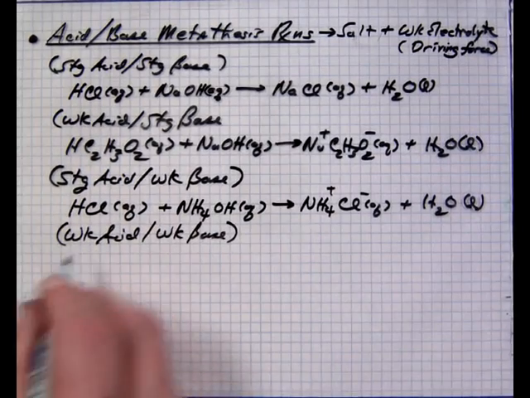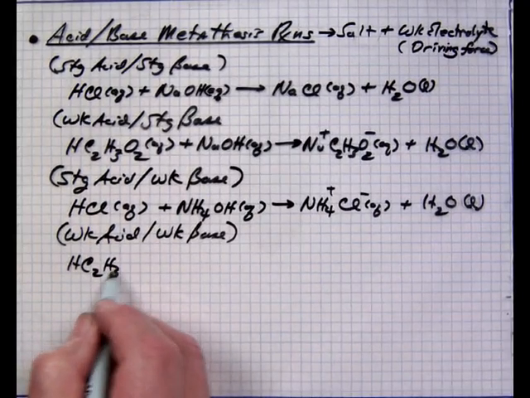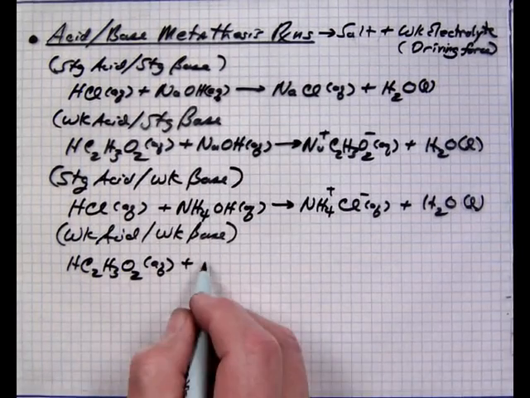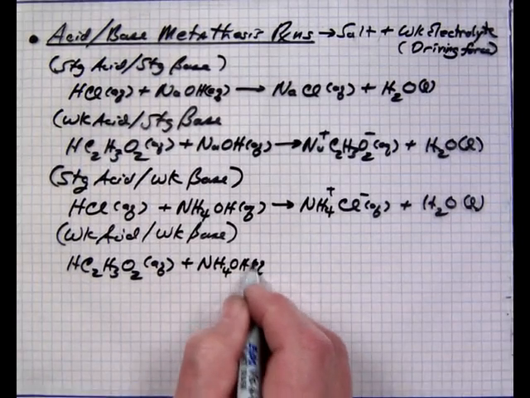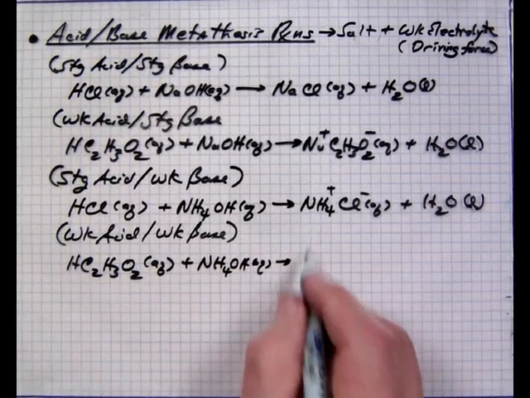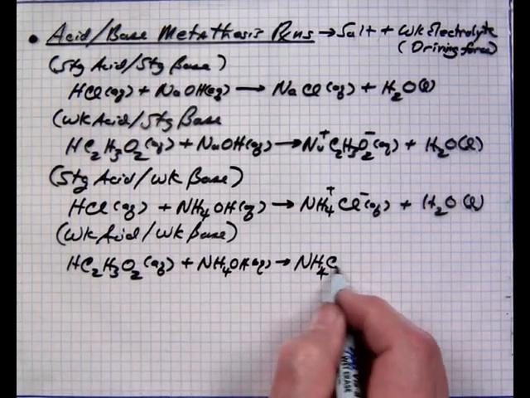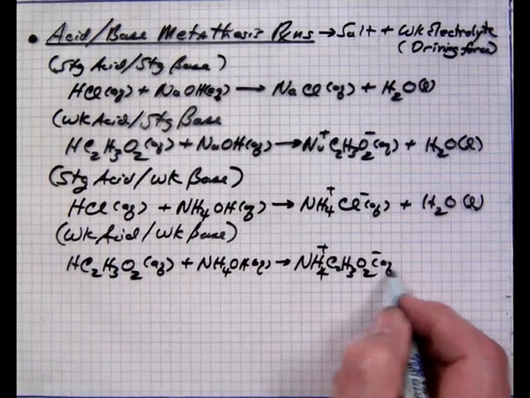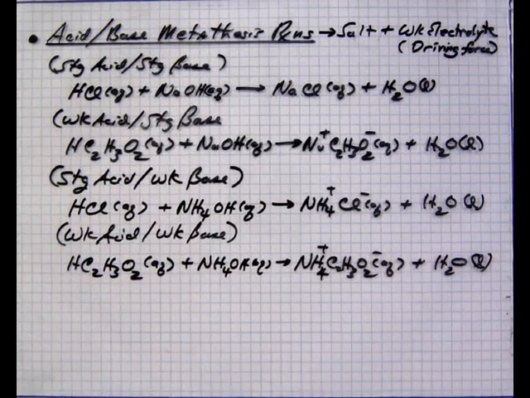And finally, we can use a weak acid and a weak base, if you so wish, and here acetic acid, say, as an example, might be used to titrate a weak base. That goes to ammonium acetate, plus H2O as a liquid in this case.